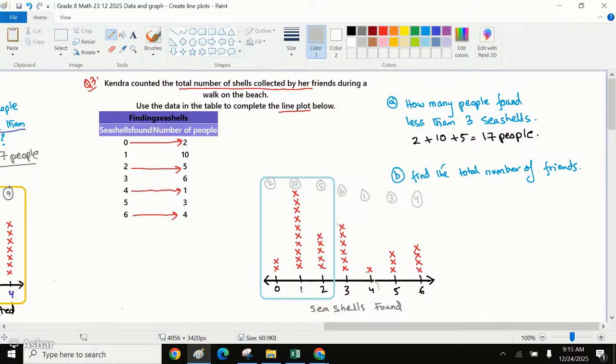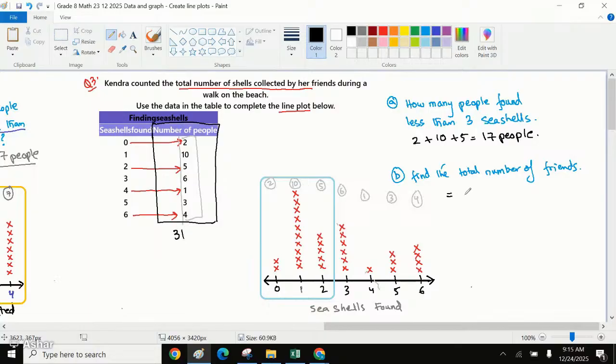When we add these numbers together, we will have the total number of people. So 2 plus 10 is 12, 12 plus 5 is 17, plus 6, plus 1, plus 3, plus 4, right? That comes out to be 31.